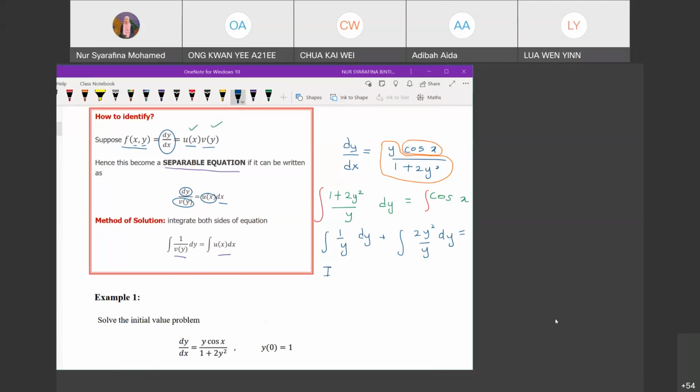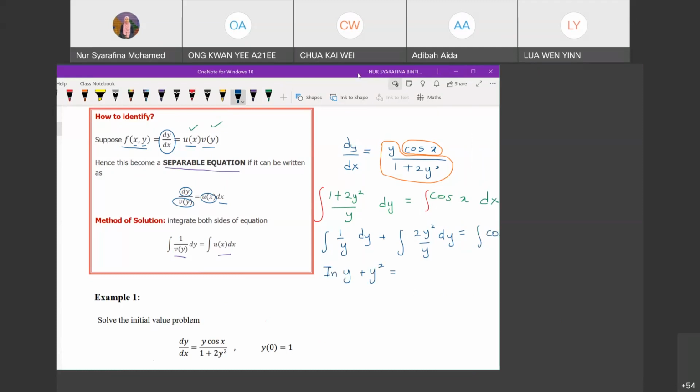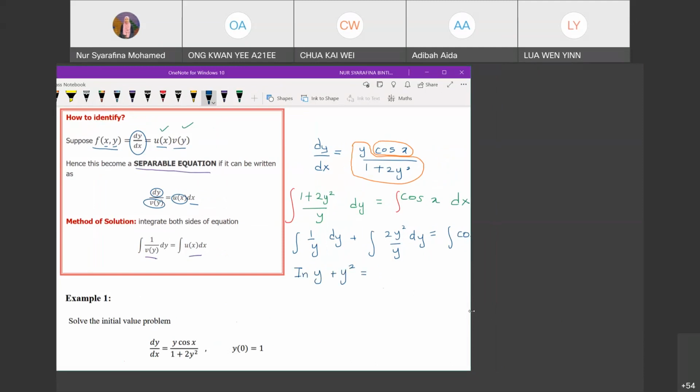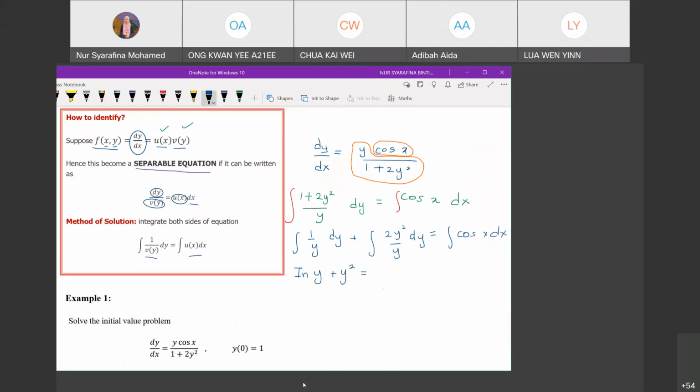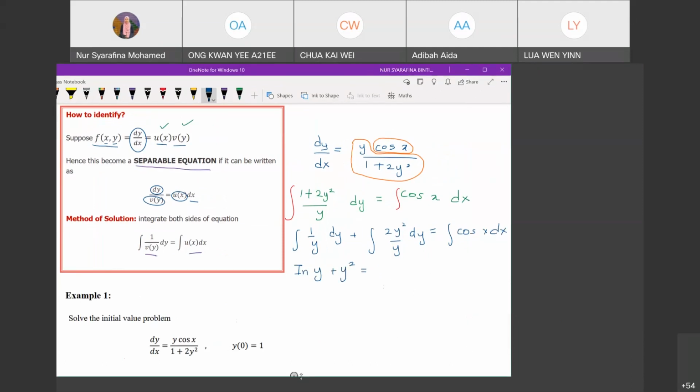So here you should have ln y plus y squared equals to the integral of cos x, sin x, plus c. Okay.